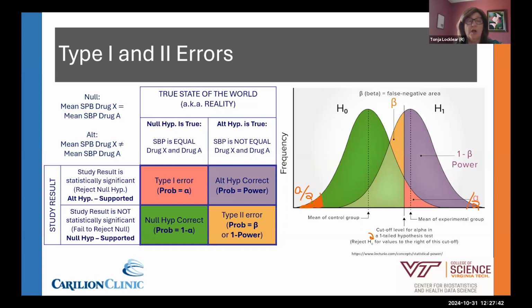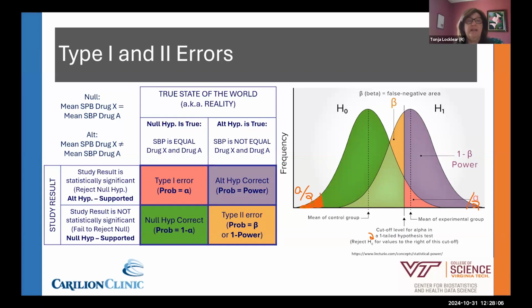So we thought our alternate hypothesis was supported and our alternate hypothesis is true. For a lot of our projects, we're looking at 80% power, 90% power. If you have 80% power, then that means you have an 80% chance that it is going to say that your alternate hypothesis is supported and your alternate hypothesis is true.